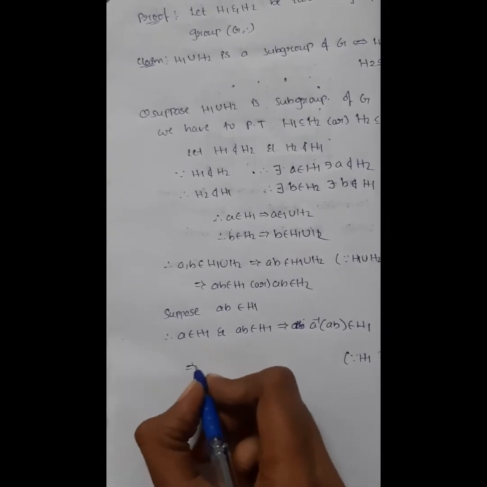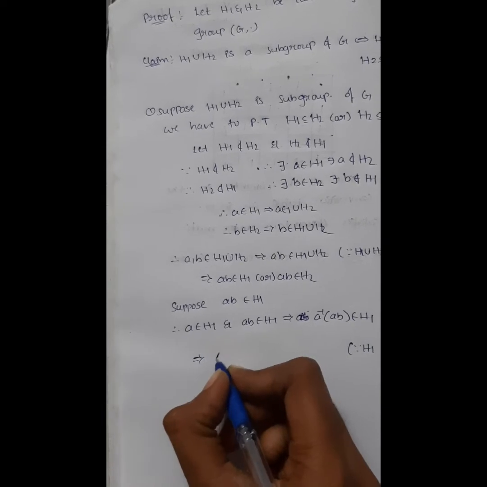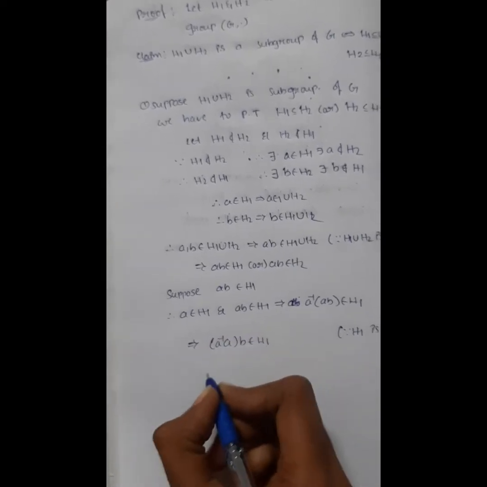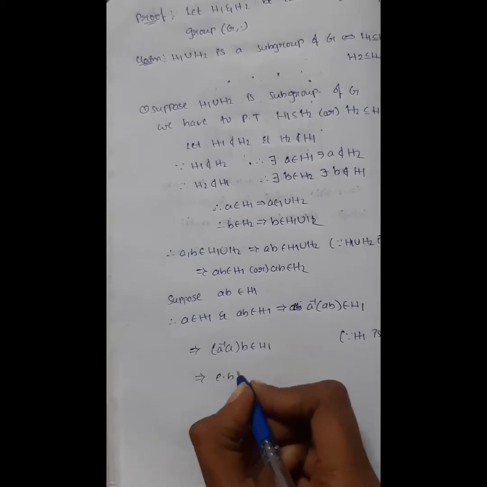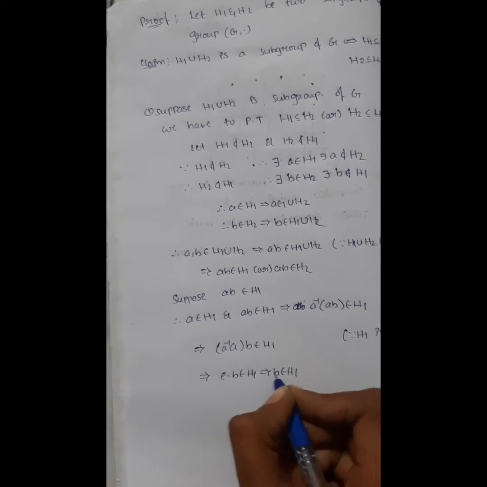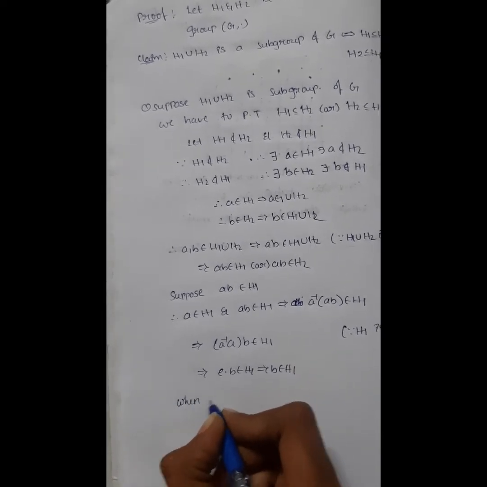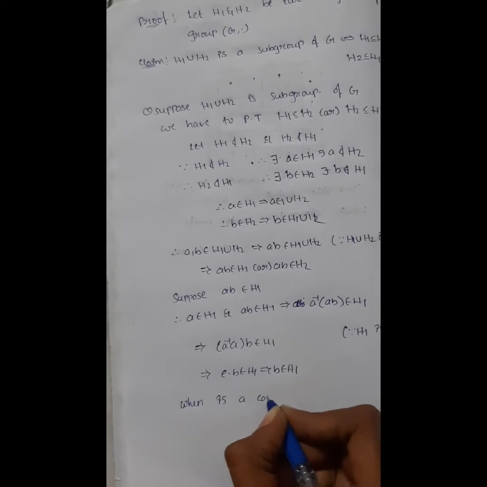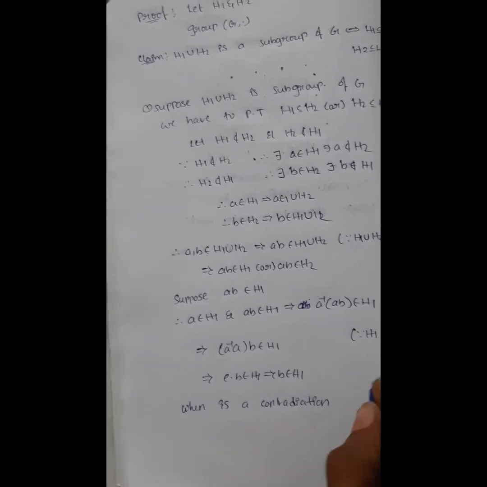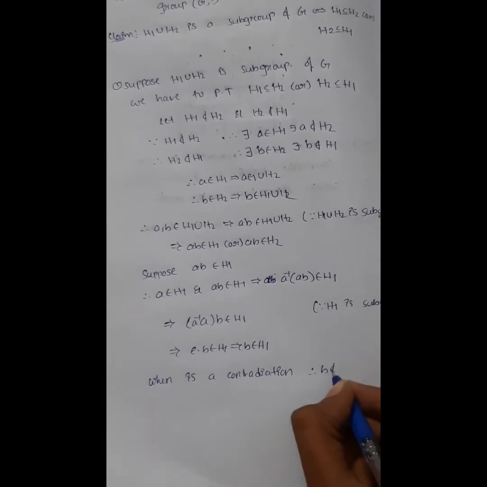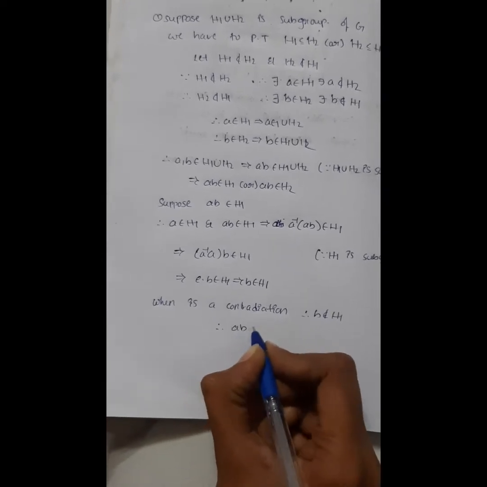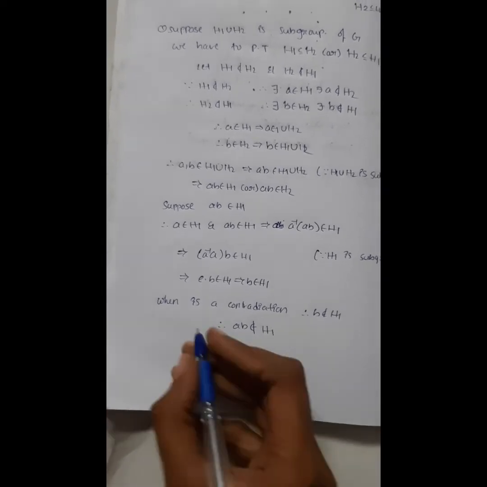That gives A inverse A B belongs to H1, E B belongs to H1, that is, B belongs to H1. This is a contradiction. Therefore AB does not belong to H1.